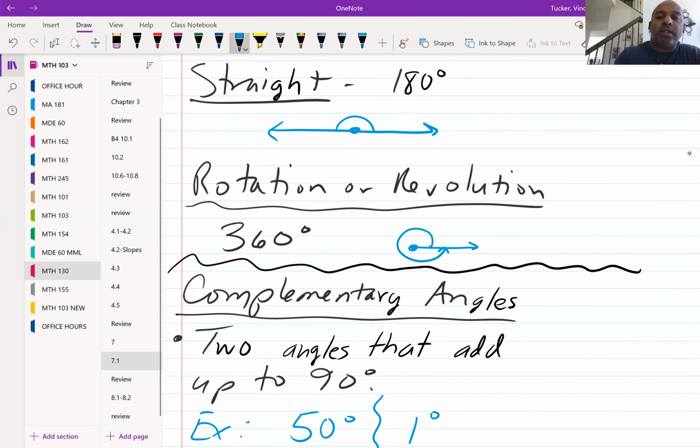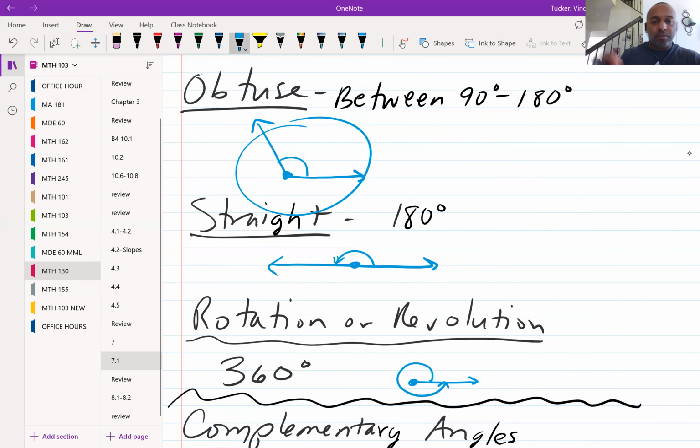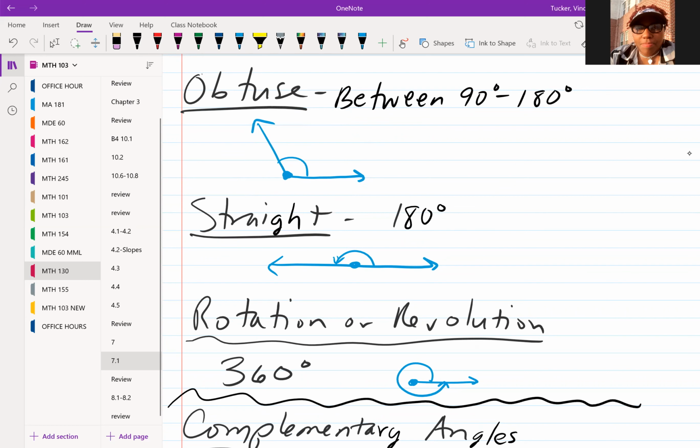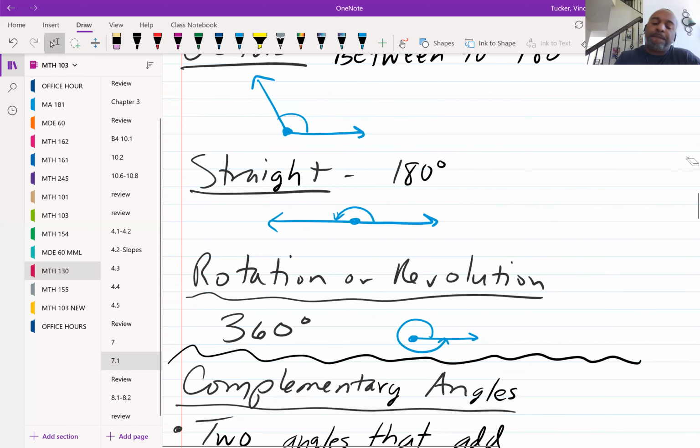When you talk about where the angle started, it started here and went this far, and that just created a straight line. It's still the same process, it just opened all the way up to a straight line. Wherever that point is, that's where the vertex is. Exactly, always where the point is.